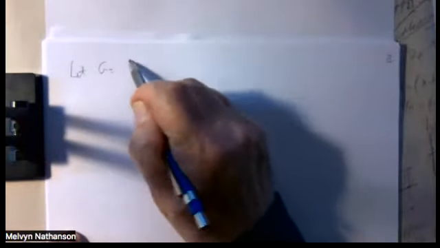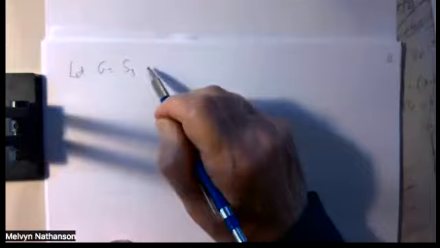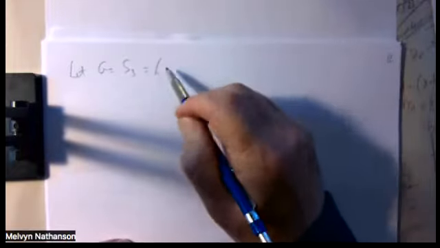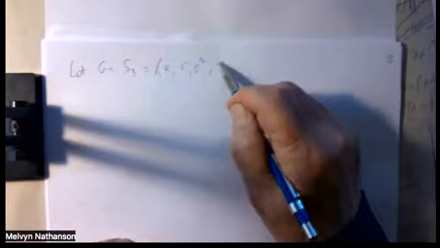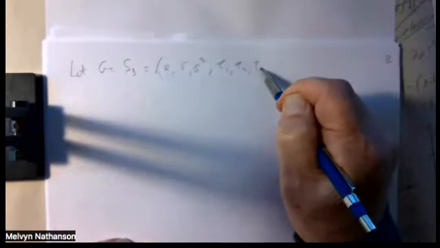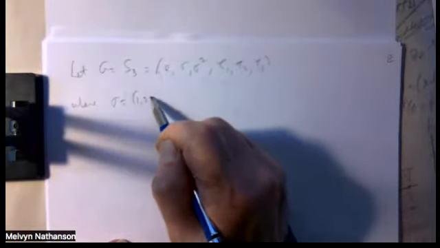So let's look at another example of a quotient group in the non-abelian case. Suppose I let G be the symmetric group S3, which in our standard notation consists of 6 elements: sigma, sigma squared, tau 1, tau 2, and tau 3, where sigma is the cycle (1 2 3).